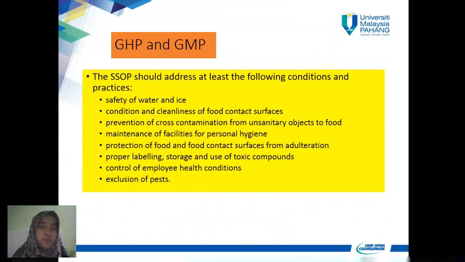The SSOP should address at least: safety of water and ice, condition and cleanliness of food contact surfaces, prevention of cross-contamination from unsanitary objects to food, maintenance of facilities for personal hygiene, protection of food and food contact surfaces from adulteration, proper labeling, storage and use of toxic compounds, control of employee health conditions, as well as the exclusion of pests.